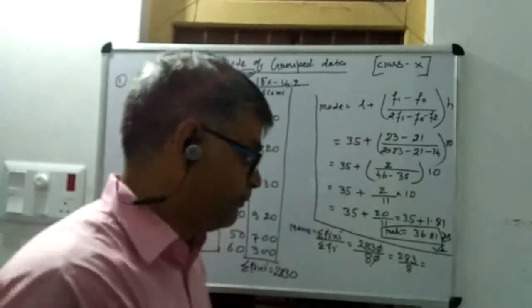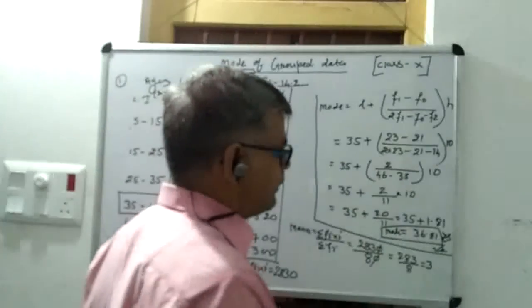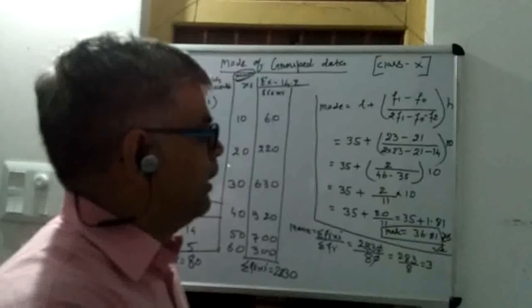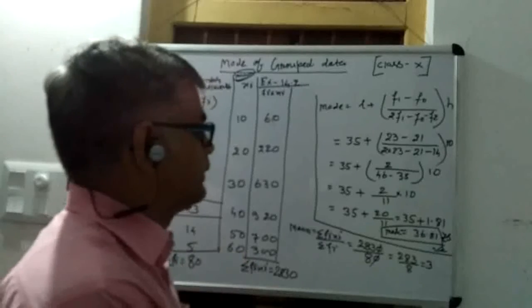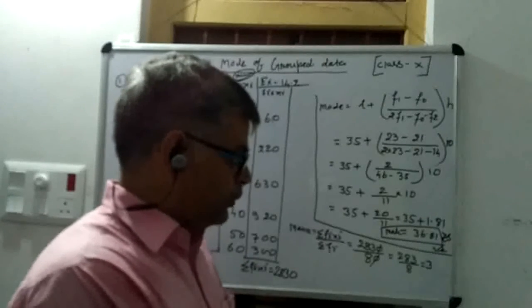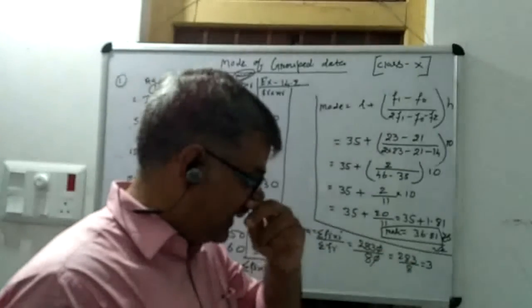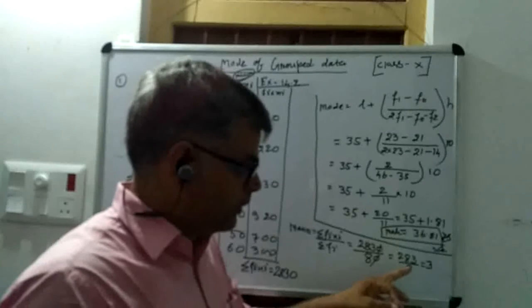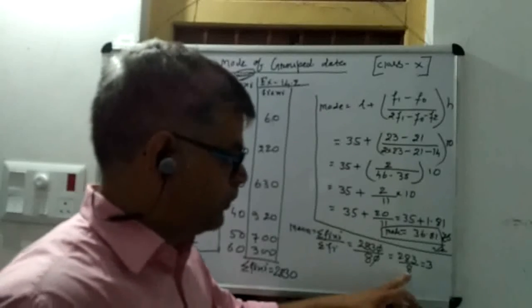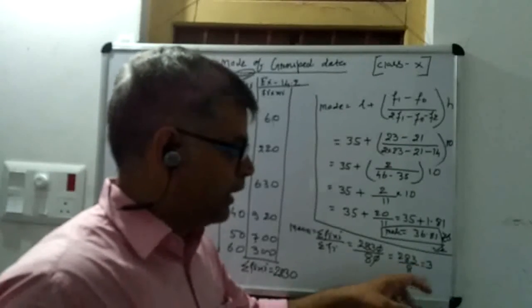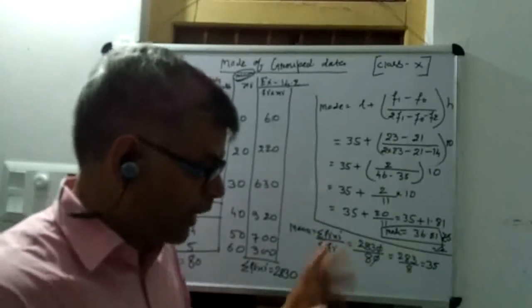8 3s are 24, 4 3, 8 5s are 40. Now you have 3.